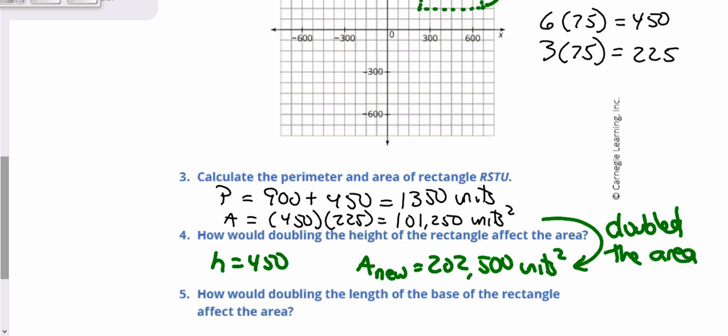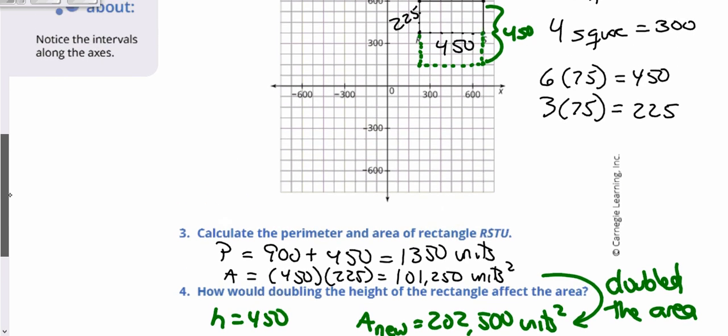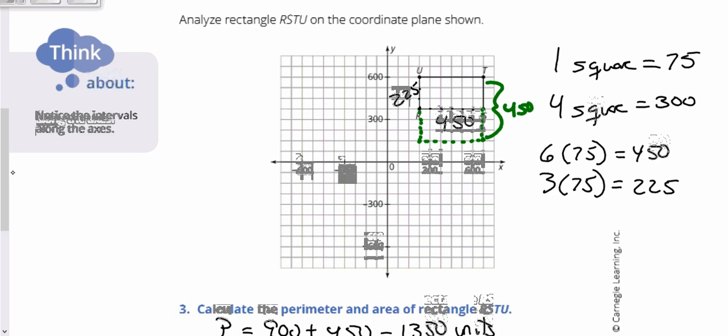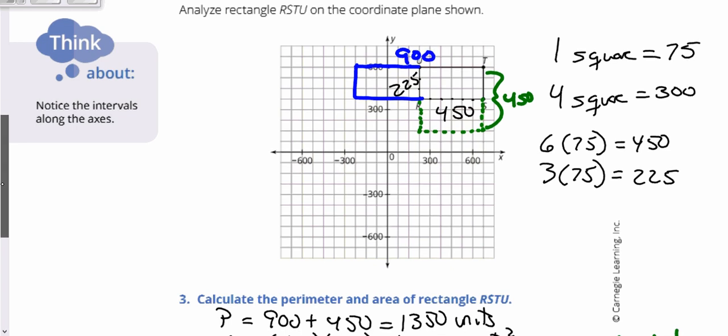Okay. All right, and so let's say if I didn't double the height, but I doubled the base. So say I went out here, 1, 2, 3, 4, 5, 6, and I doubled the base. So now I still have a height of 225, but I have a base of 900. So what's going to happen there?